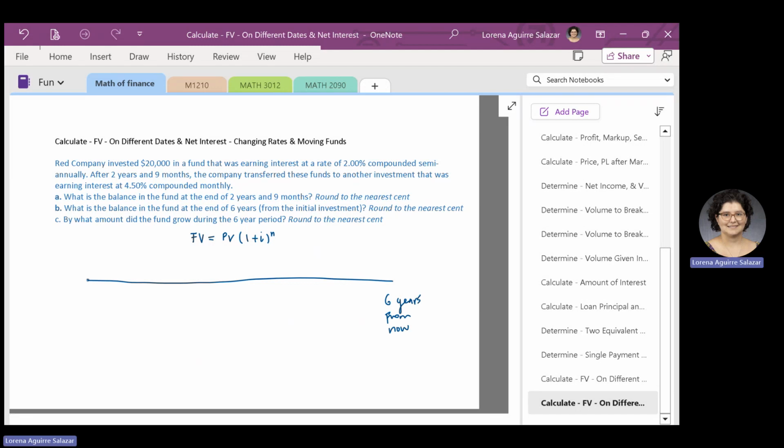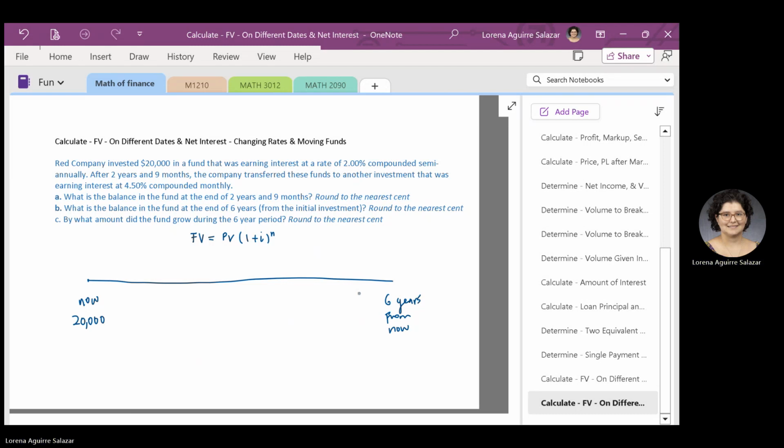Here we have that an initial amount of $20,000 was invested in a fund that was earning interest at a rate of 2%, compounded semi-annually. But after 2 years and 9 months, the company transferred the funds to another investment that was earning interest at a different percentage, compounded monthly.